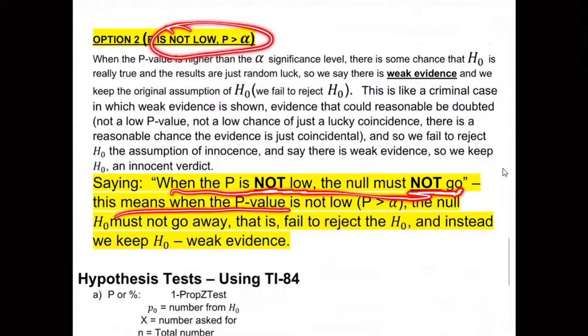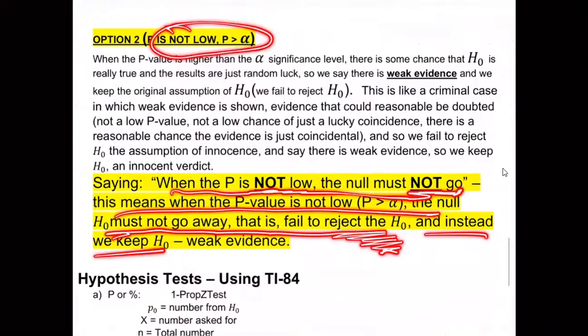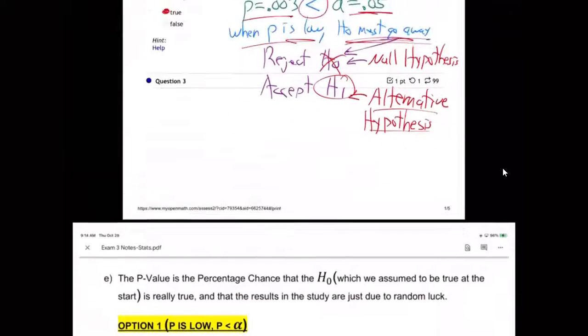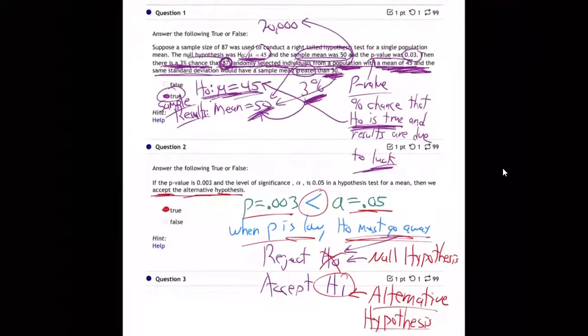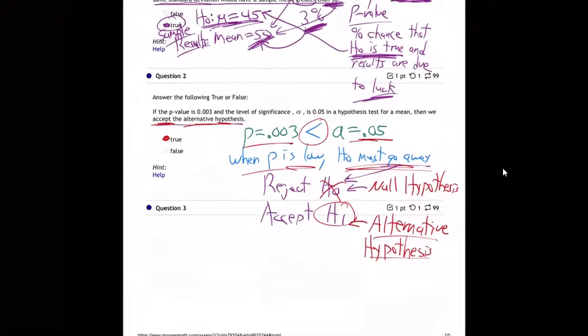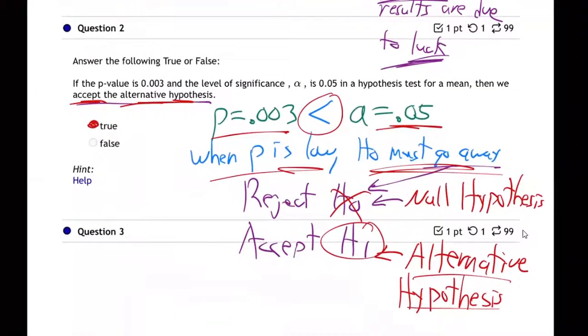This means when the P-value is not low, it's greater, the null H0 must not go away. That is, we fail to reject the null. It's not going away. We're keeping it. We fail to reject it, and instead we keep it. And there's weak evidence. So those are the 2 options. And what they said on question 2 here is true.